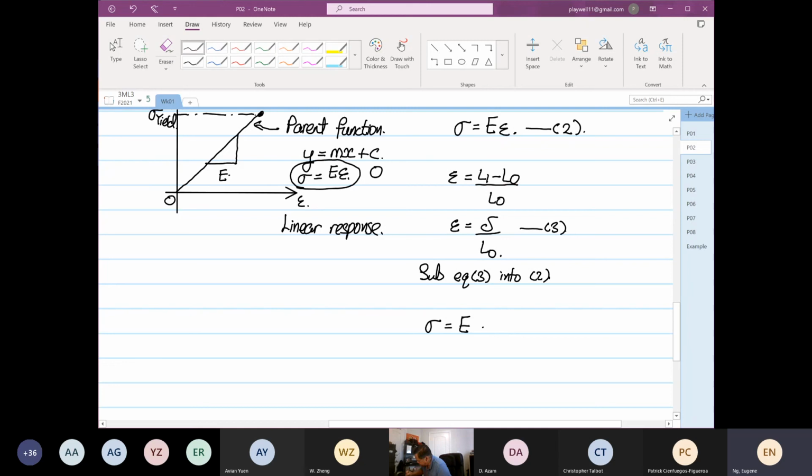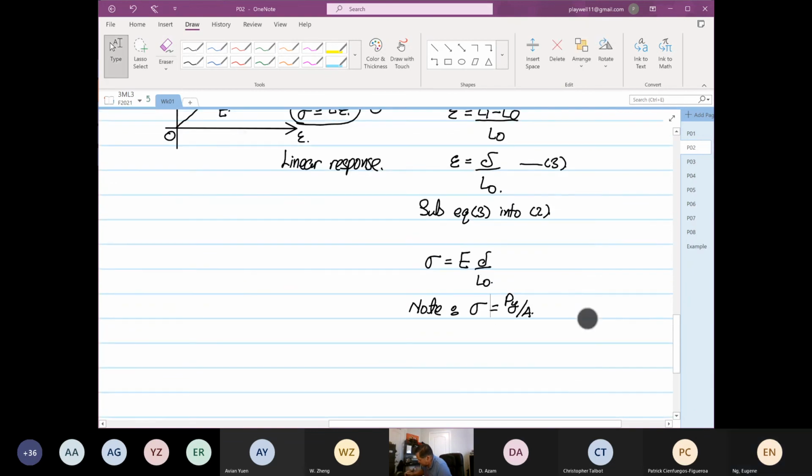And we note that stress is equal to P in the y direction divided by A, right? So we have an expression: stress, P in the y direction divided by A, is equal to E deflection over L naught.